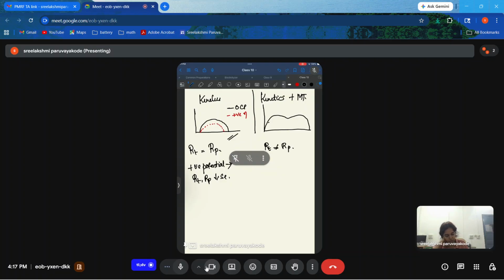When a positive overpotential is applied, your resistance to charge transfer increases. Why? Because charge transfer becomes difficult when you're devoid of the reactants at the interface, or when the products just clog the surface.